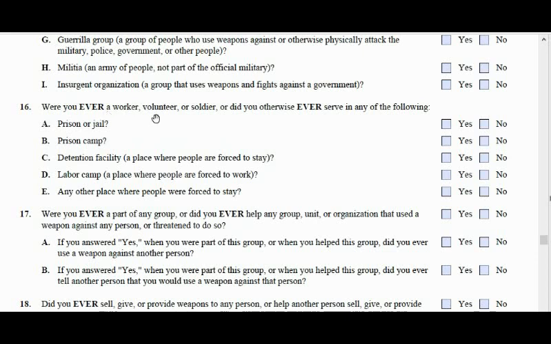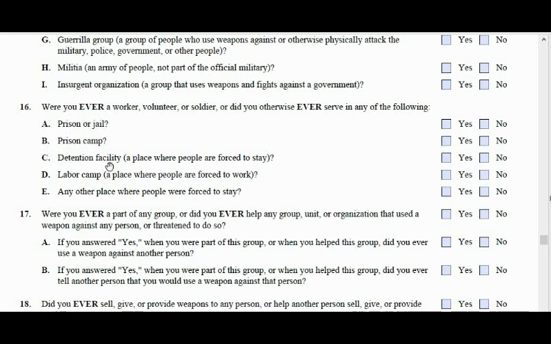On 16. Have you ever been a worker, volunteer, or soldier, or did you otherwise ever serve in any of the following: prison or jail, prison camp, detention facility, or labor camp?